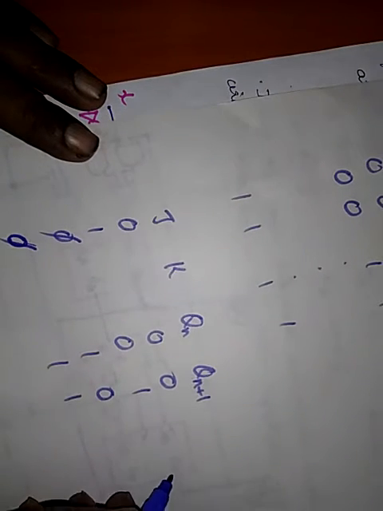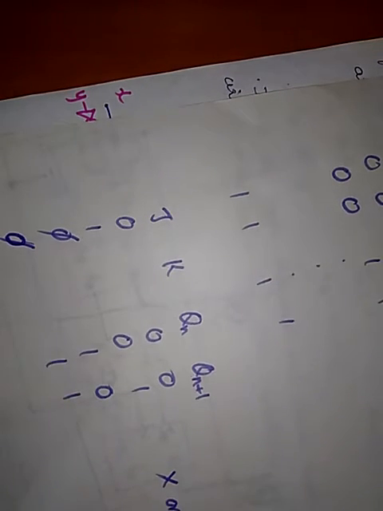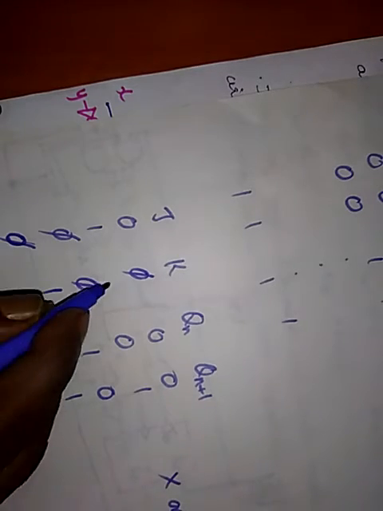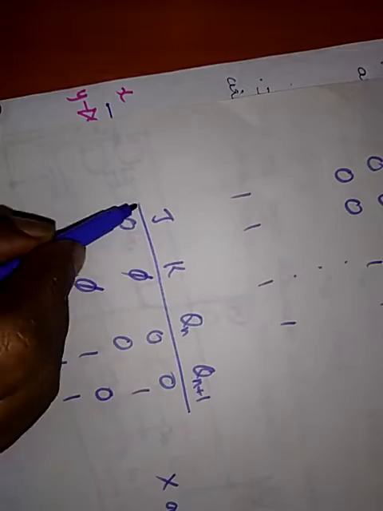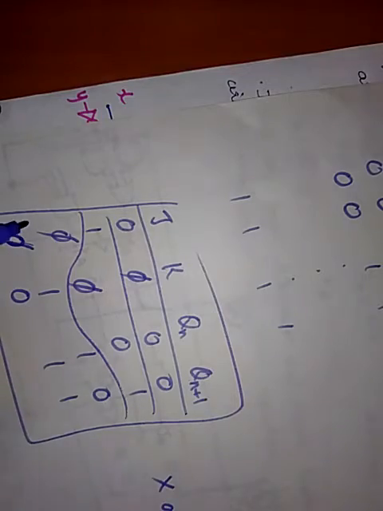I will be using phi symbol. So don't care, 1, don't care, 1, 0. So this is the truth table for JK flip-flop. This is first row, this is second one, third and fourth.